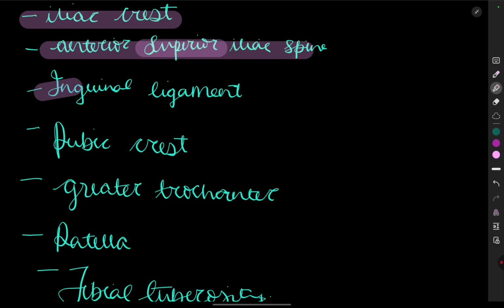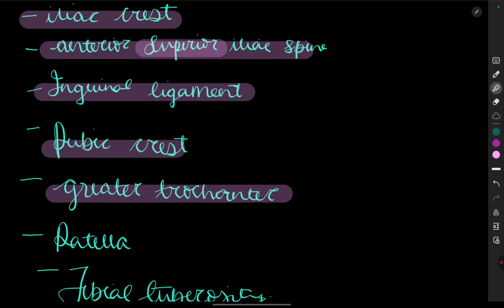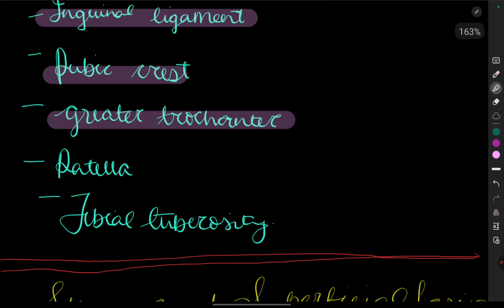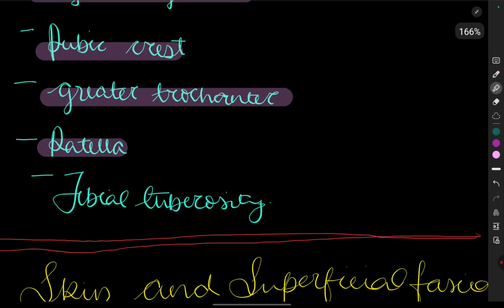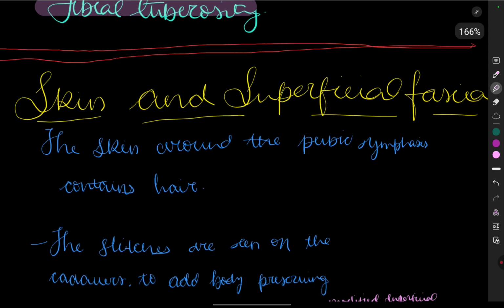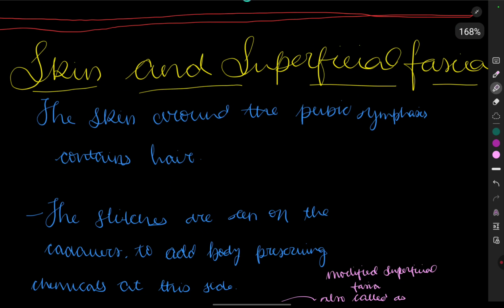And then we have the inguinal ligament, then the pubic crest, the greater trochanter that is present on the femur, and the patella, which, as we have already studied, is the largest sesamoid bone in the human body, and then the tibial tuberosity that is present on the tibia, the medial bone.